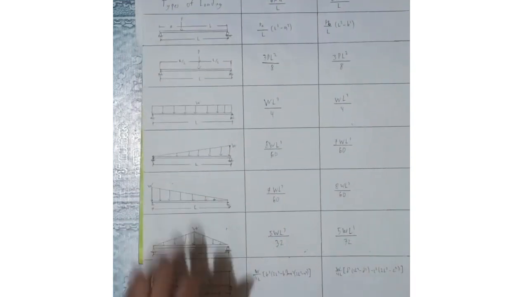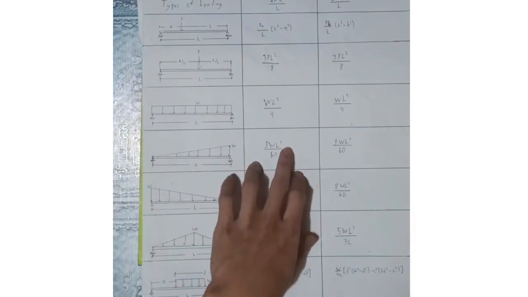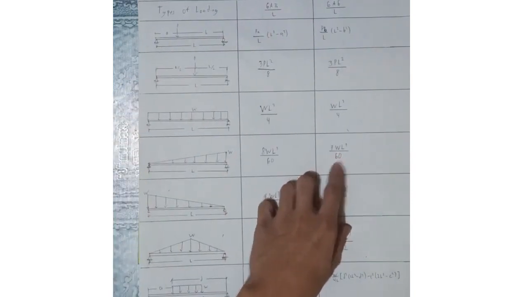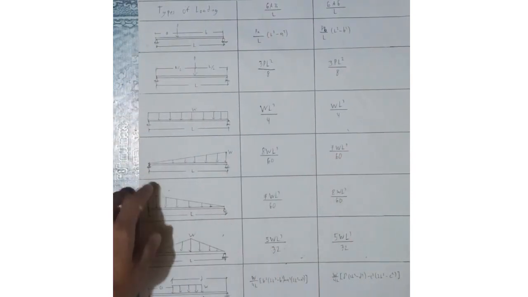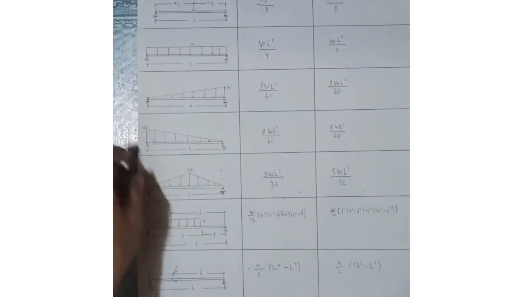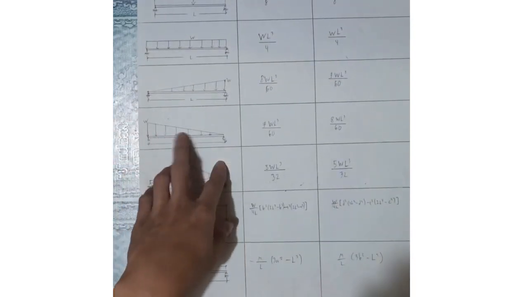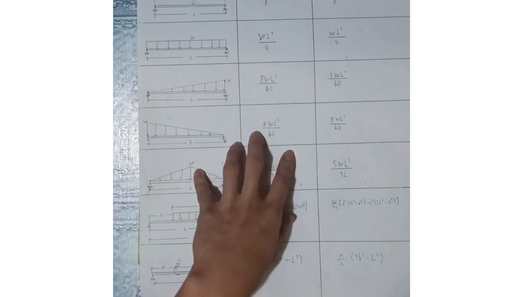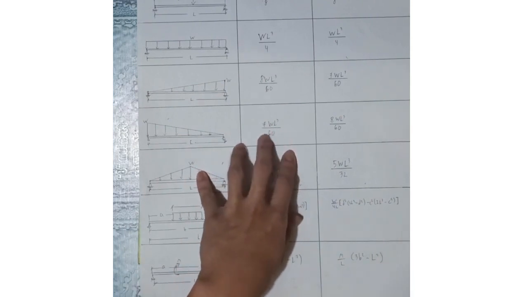And then for the increasing triangular load, it is 8WL cubed over 60 on A, then on B it is 7WL cubed over 60. For the decreasing triangular load, it is opposite: 7WL cubed over 60 on A, then on the other side, on B, WL cubed over 60.